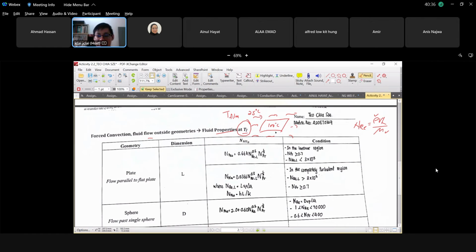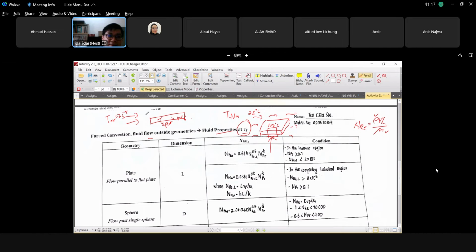What is T film? Okay, because this plate has thickness, right? Something like this. So if I take a look here, from this perspective, front view, engineering drawing, front view, it looks like this, right? So air flow here, so T air is 25. Ts of the plate is 100, right?